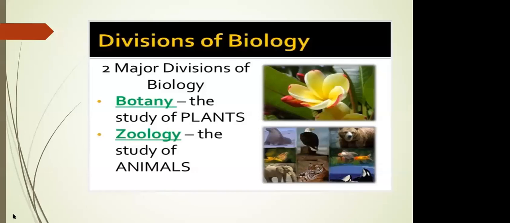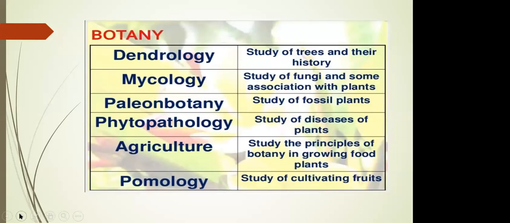Look at the slides, children. Let us observe some more studies in botany. Botany is the study of plants, but in that also we have different types of studies. Please note down this table.